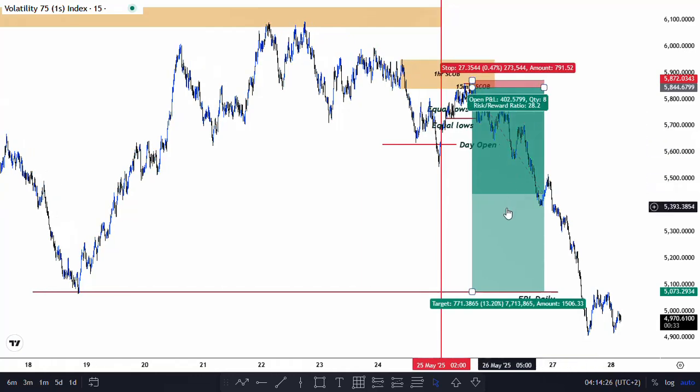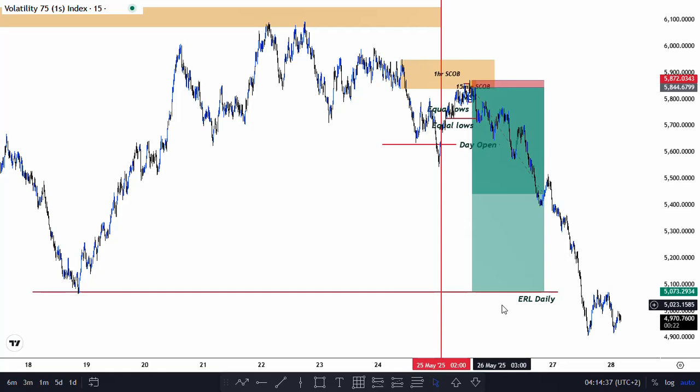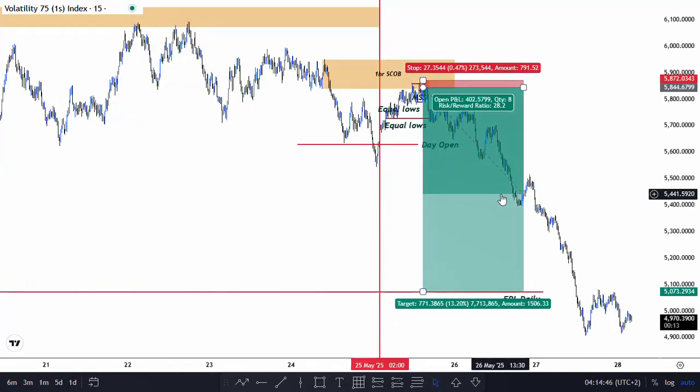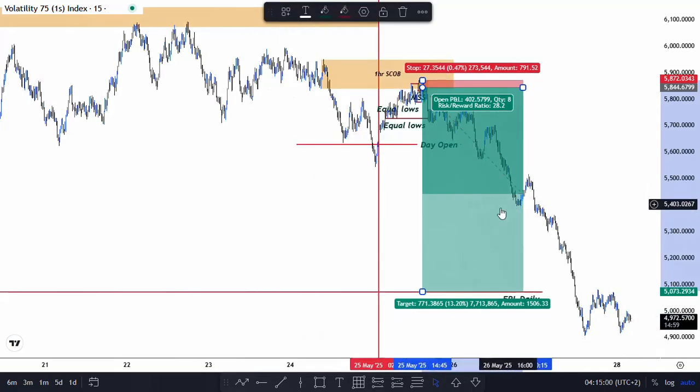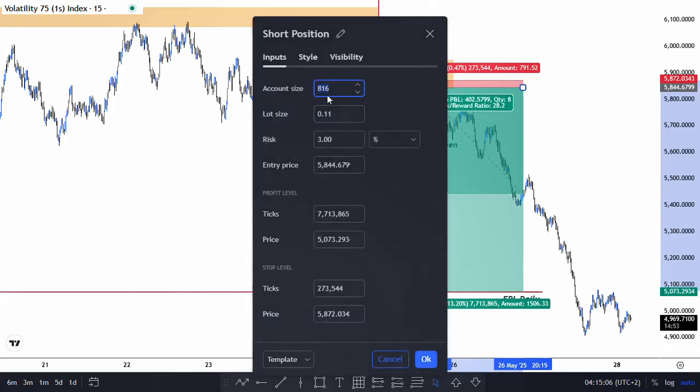Now, for you to hold a trade, it means you've already taken out certain profits for you to go all the way down there. This is supposed to be your bonus. Now, what I'm trying to show you is how you can start with smaller amounts.